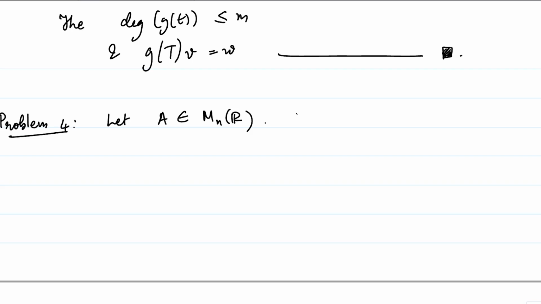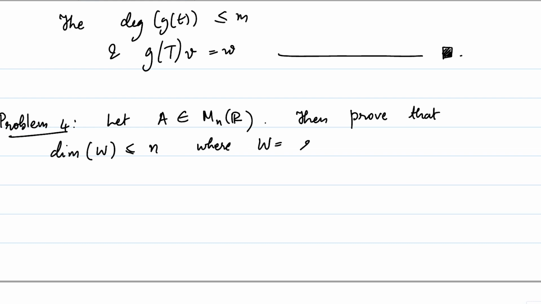Then prove that the dimension of the vector subspace W of Mn of R is less than or equal to n, where W is the span of the collection I, A, A square, and so on.